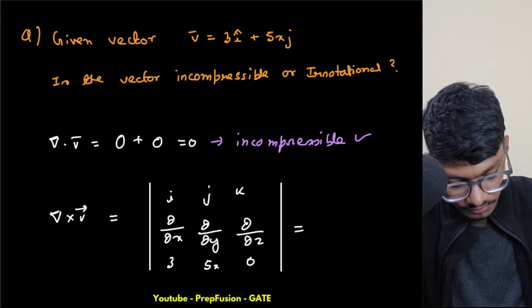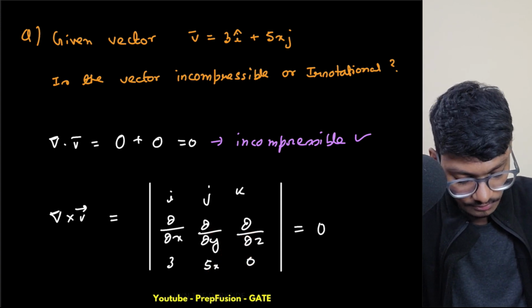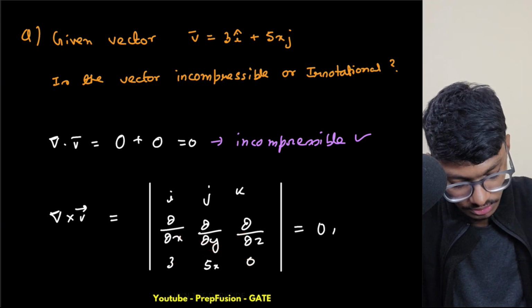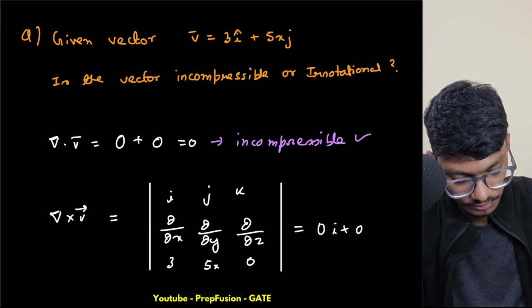So this will be 0 itself, and this is again 0, and this is also 0 itself.